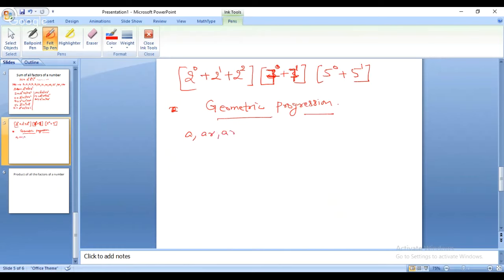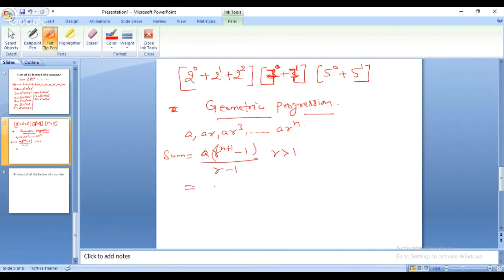Let's take a geometric progression with common ratio r. The sum of these terms is given by the formula a into r to the power n plus 1 minus 1, upon r minus 1, when r is greater than 1. Here r is the prime, like 2 to the power 1, and a is always 1, as the power of 0 of any number is 1.